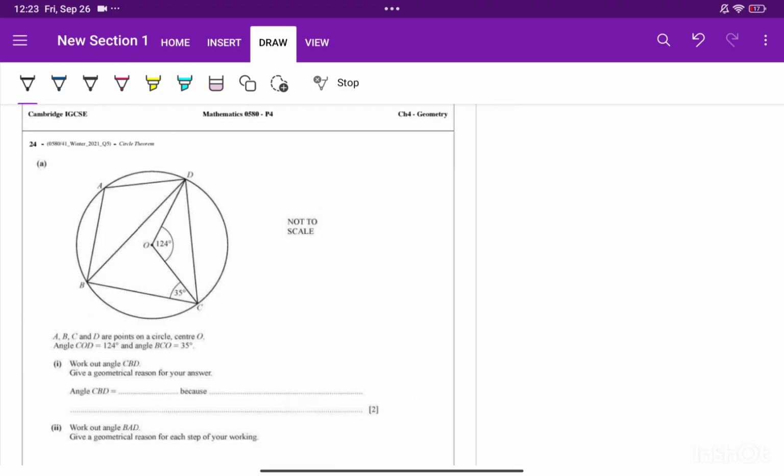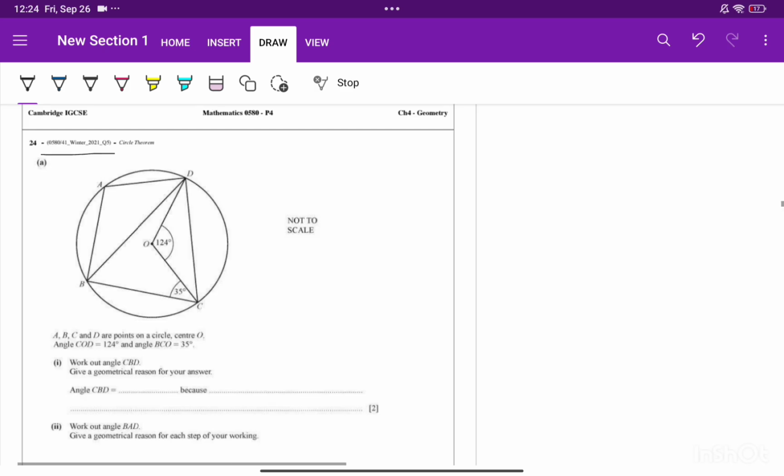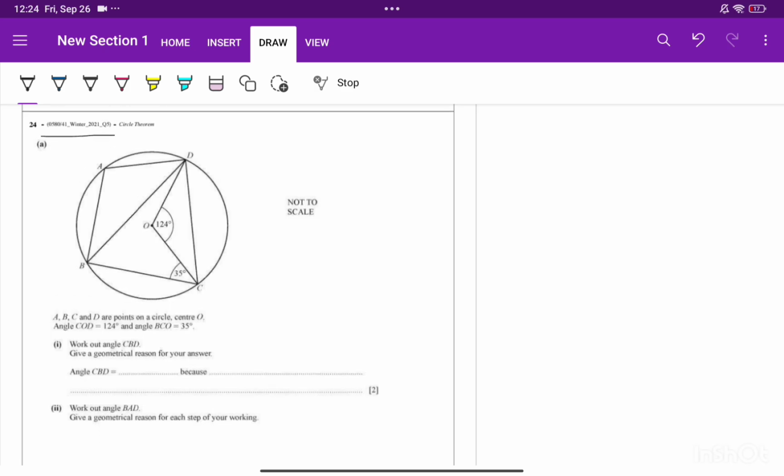Question number 24 is taken from October, November 2021, question 5, part A. A, B, C, D are points on a circle, center O, angle COD is 124, angle BCO is 35. Part I, work out angle CBD, give a geometrical reason for your answer. Angle CBD.